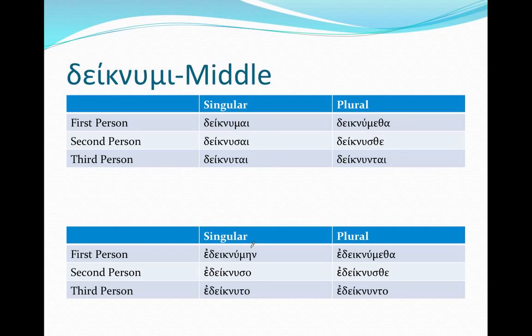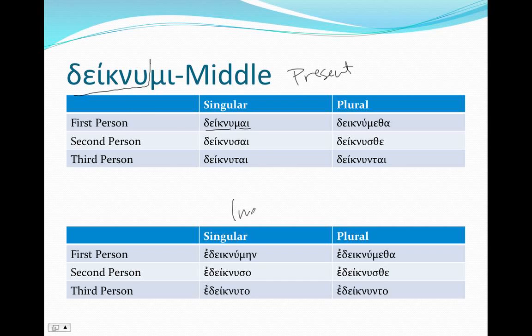And let's take a look at the middle and the middle passives here. So here's the present on top. We're going to take our stem and just add the endings right on there. So δείκνυμαι, δείκνυσαι, δείκνυται, δεικνύμεθα, δείκνυσθε, δείκνυνται. So to find the stem of a mi verb, just drop off the mi. Add the endings right on.